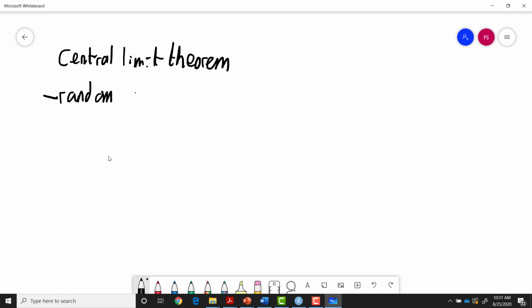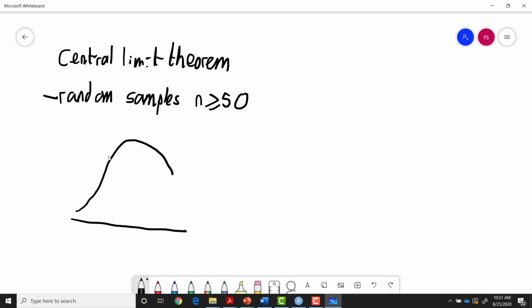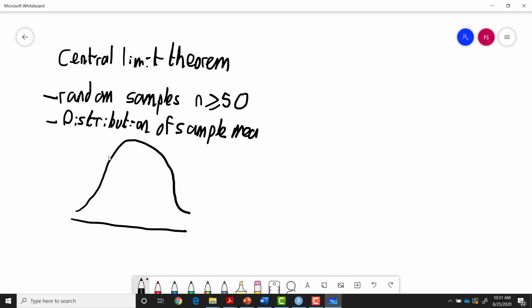And let's draw the distribution of sample means. Oh God, that's such a poor attempt at a normal distribution. I apologize. Let's try again. That's a little bit better.